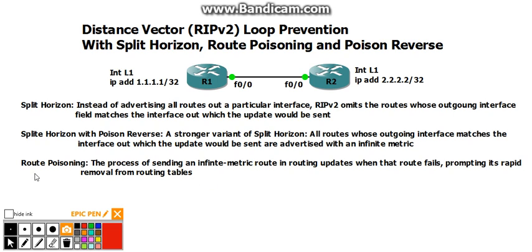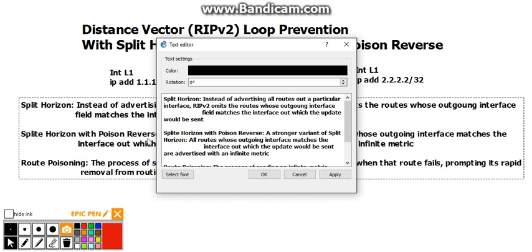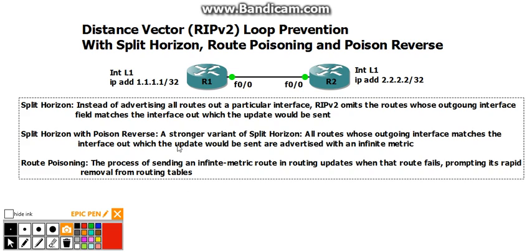So when R1 poisons the route saying, oh, route 1.1.1.1, it's down, here's an infinite metric, R2 is going to apply this rule. And I spelled split horizon wrong. Split horizon. Alright, there we go.